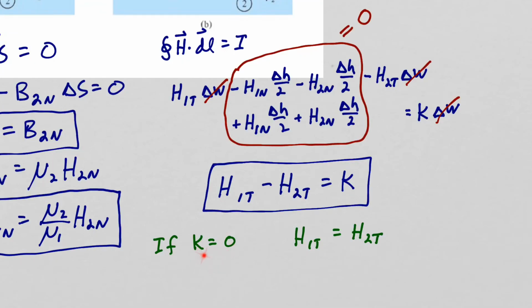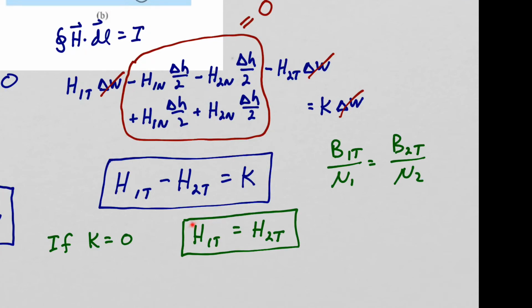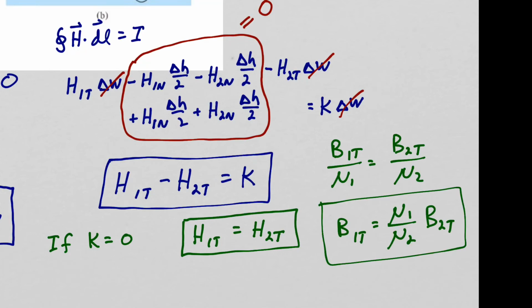If our surface current density is 0, we see then our tangential components of the magnetic field intensity are continuous. So let's replace the magnetic field intensities with the magnetic flux density field divided by the absolute permeabilities. And we see the magnetic flux density field's tangential components will be discontinuous at the boundary.